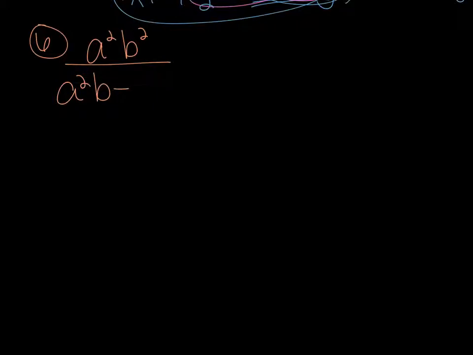Okay, number 6. If I have a squared b squared over a squared b minus ab squared. A lot of A's and B's and squareds. Okay, first thing, can I factor my numerator?